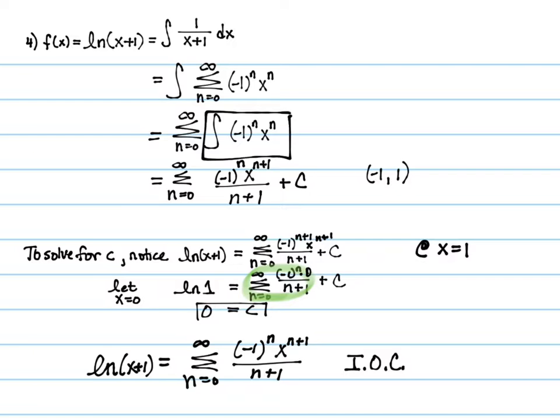It's an alternating series. And since it's an alternating series, the limit goes to 0 and it converges. So I actually get to use the endpoint on this one, where 1 is included. Negative 1 doesn't work, because if I put in negative 1, it doesn't oscillate anymore.